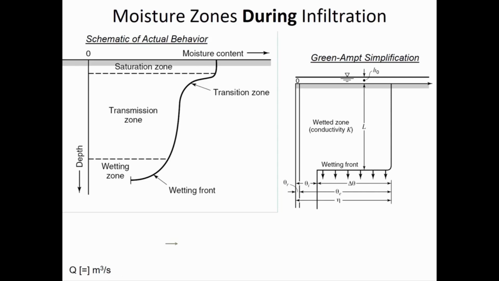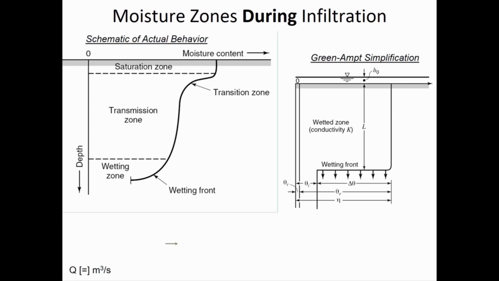That is one of the limitations of Green-Ampt: it assumes you go from the initial moisture content immediately to fully saturated. It's modeling saturated flow rather than unsaturated flow. But in spite of that, it does a pretty good job of describing the curve of declining rate of potential infiltration.